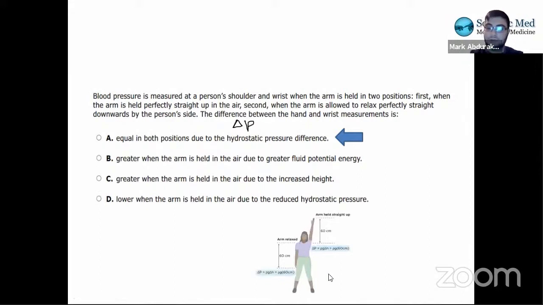They want this difference versus this difference, not the difference between the shoulder and the wrist, but the difference between the differences. So delta P_U is when your arm is going up, versus delta P_D, which is when your arm is down. So there is now a delta P, but there's also, if you want to think of it, a delta delta P.